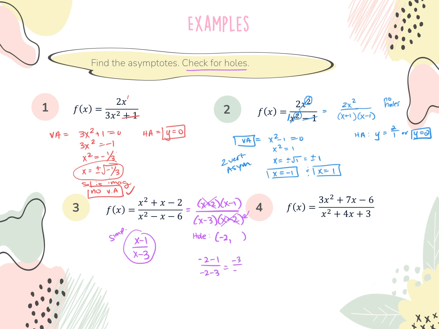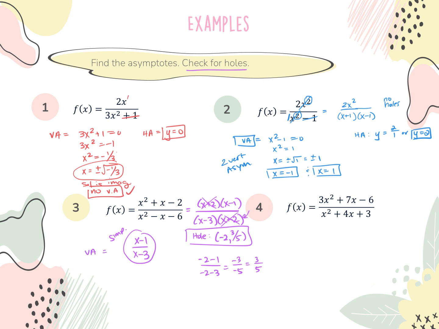I get negative 3 over negative 5, which is 3/5. So at the ordered pair (-2, 3/5), my graph is going to have a hole, a little open circle at that specific coordinate. That's one part of my solution. I'm also going to use this simplified version to identify my vertical asymptote.